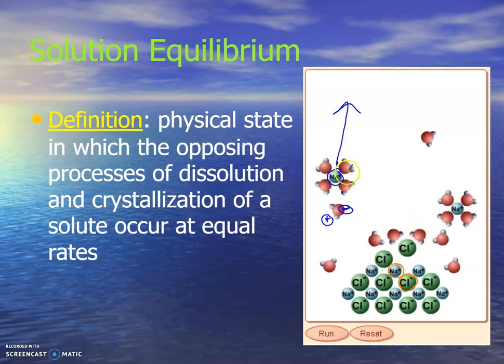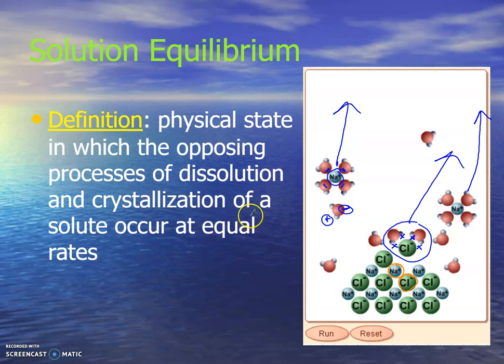So here you see the negative regions attaching to the positive Na. Here you see the positive hydrogen region attaching to the chlorine and pulling that into solution, until you get to a point where you have the maximum amount of stuff in solution.